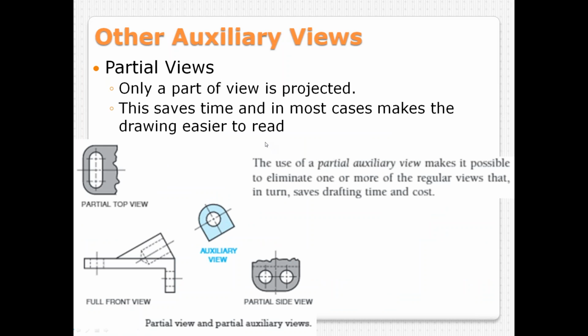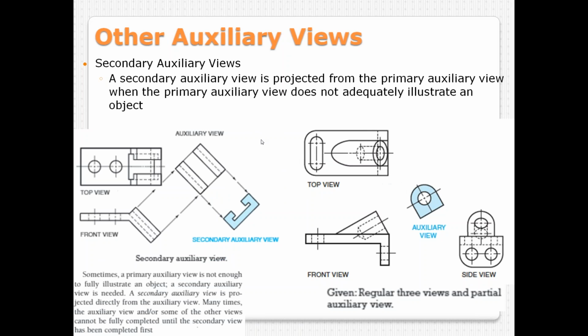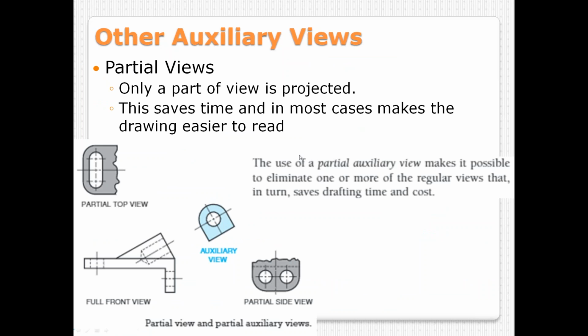So we have a secondary auxiliary view, and now we go to the partial view. In a partial view, only a part of the view is projected. This saves time and in most cases makes a drawing easier to read. We don't want to completely draw everything out, because if we don't need the information, it's going to waste time to draw it.